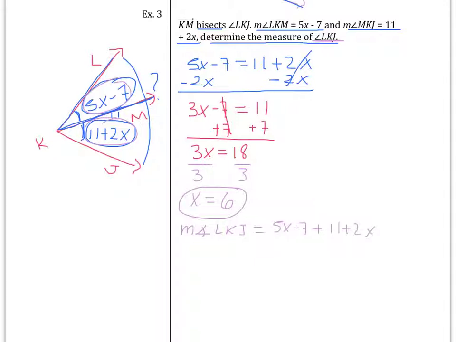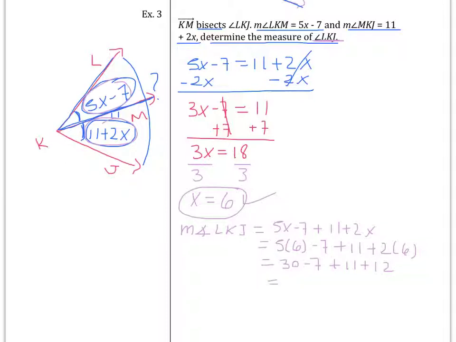We know the value of x is 6, so let's substitute for x. 5 times 6 minus 7 plus 11 plus 2 times 6. 5 times 6 is 30, minus 7, plus 11, plus 2 times 6, that's 12.